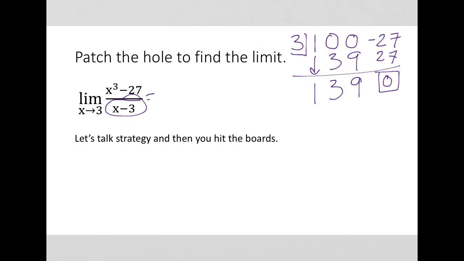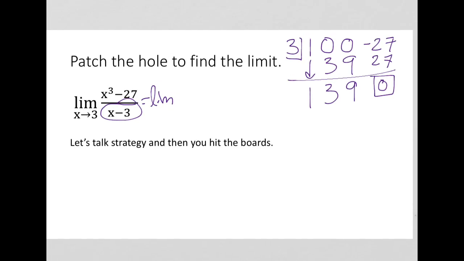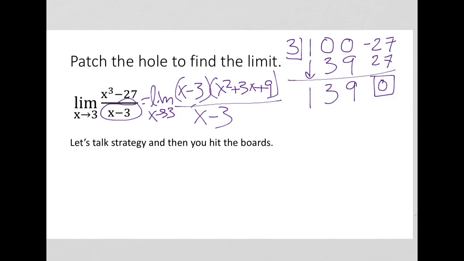But, more importantly, this tells me that I have the limit as x approaches 3 of the function, because I just divided by x minus 3, and I got x squared plus 3x plus 9, and that's all divided by x minus 3.